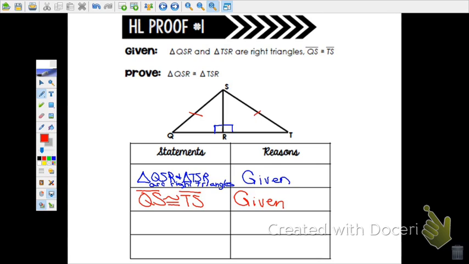That is another given. Then we have that shared side, so SR is congruent to SR. That's our reflexive property.